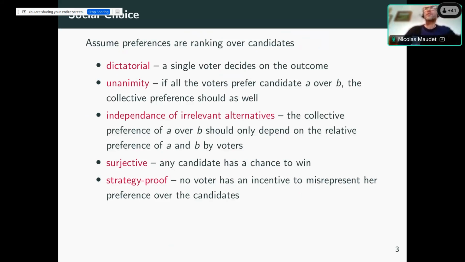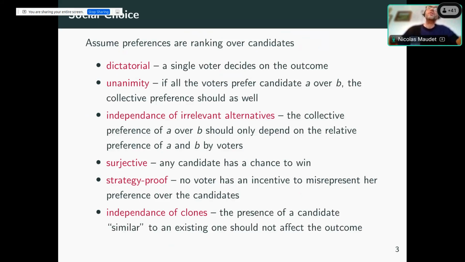And there are plenty of other properties. I'll just give you one of them, which is independence of clones, because I will talk a little bit about it later on. It means that the presence of a candidate which is really quite similar to an existing one should not affect the outcome.